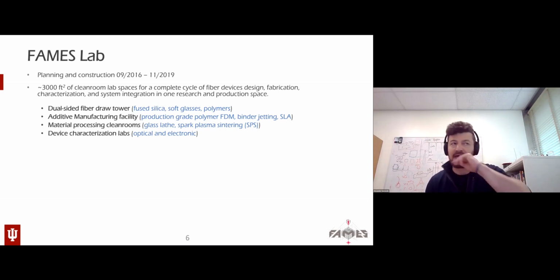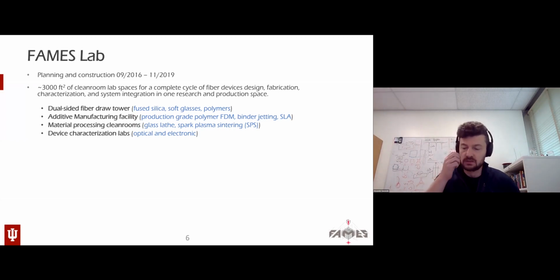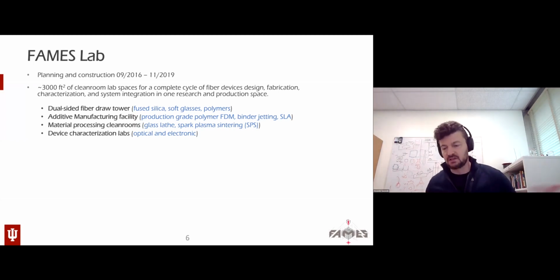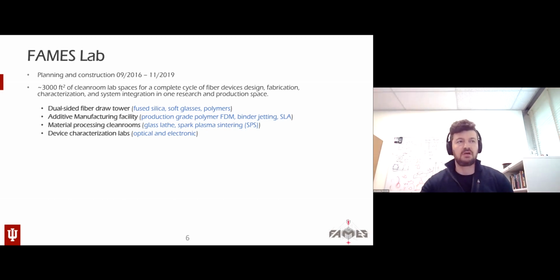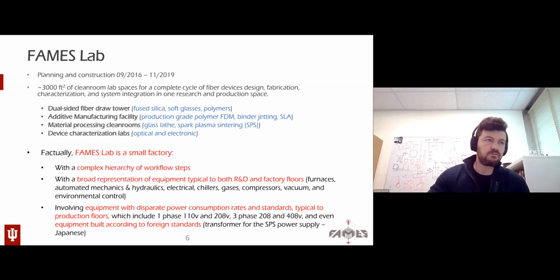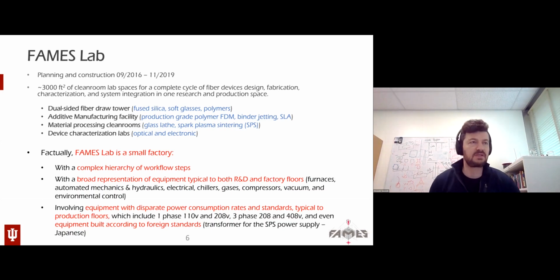And we also have device characterization labs. So it's a significantly large facility which incorporates both production grade and research grade equipment. So as I said, Thames Lab is factually a small factory with a complex hierarchy of workflow steps.